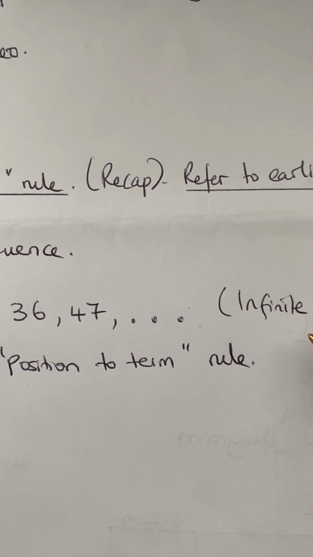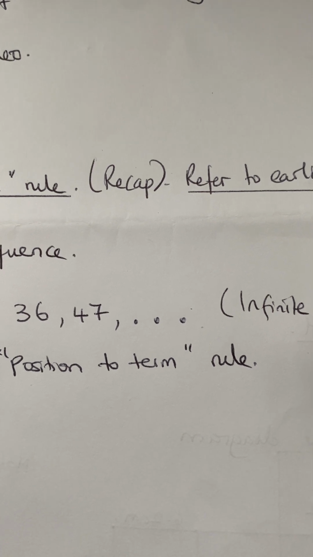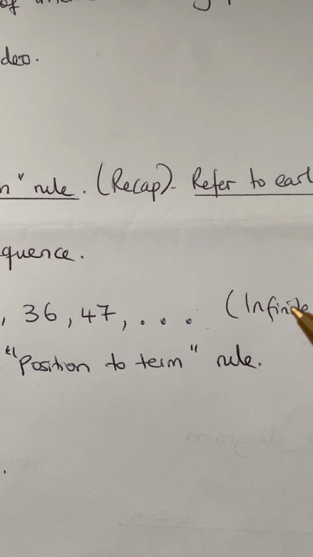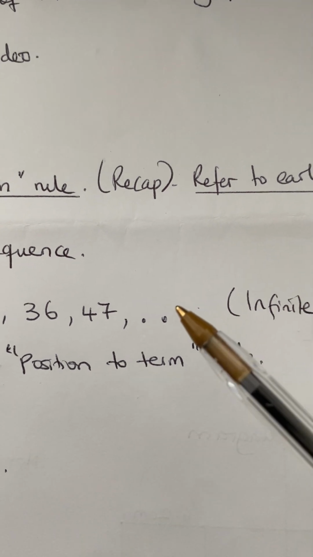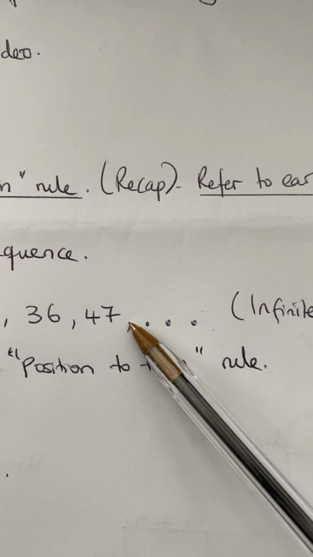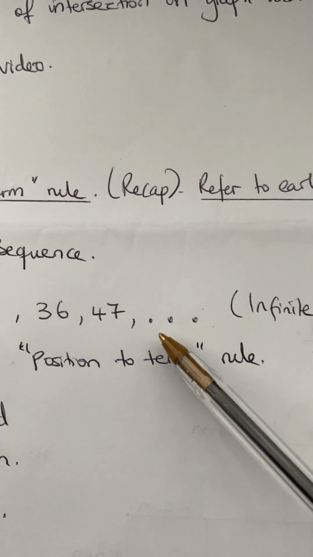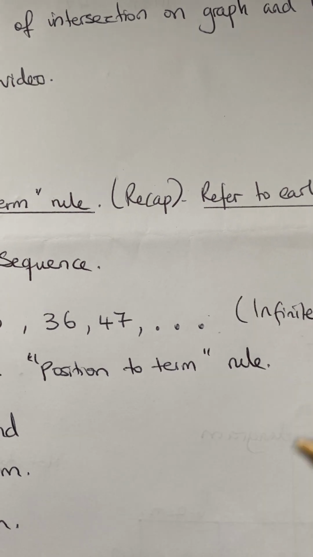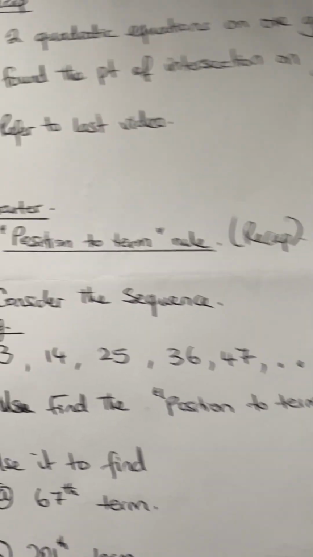It does not terminate. A finite sequence terminates, stops, so maybe after 47 you don't get any more. But if you see the three dots, it means it goes on and on and on.